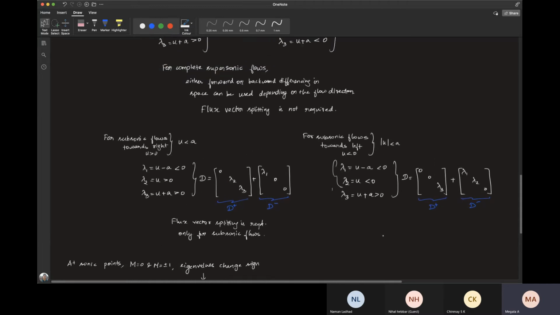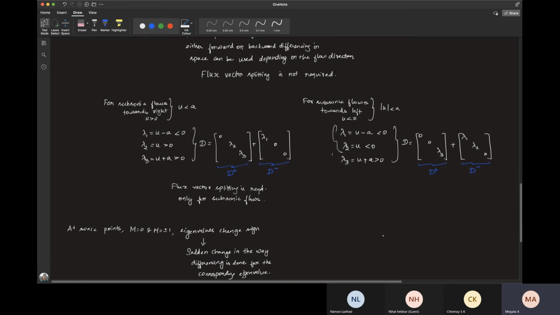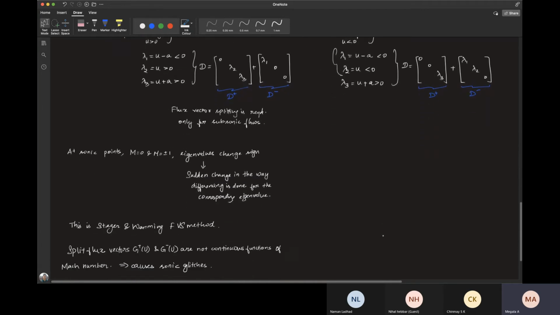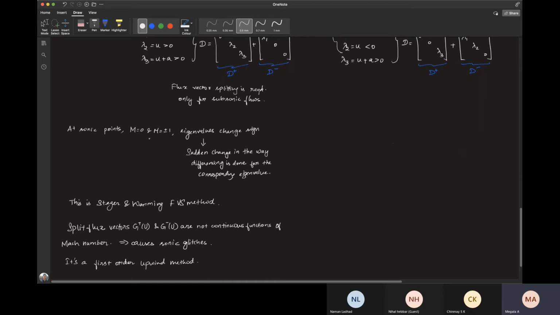So we have seen that flux vector splitting is not required for supersonic flows, and it's required for subsonic flows. So at sonic points we require some change, where M is 0. When Mach number is 0, it means that your flow velocity is 0, and when Mach number is plus or minus 1, you have a shift between subsonic and supersonic.